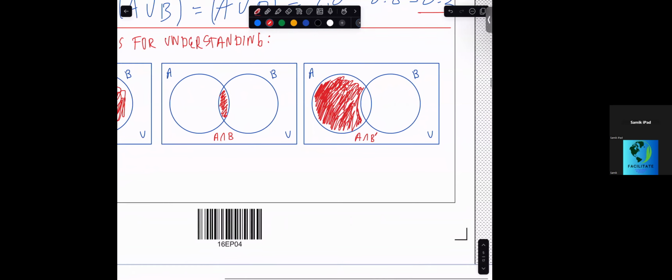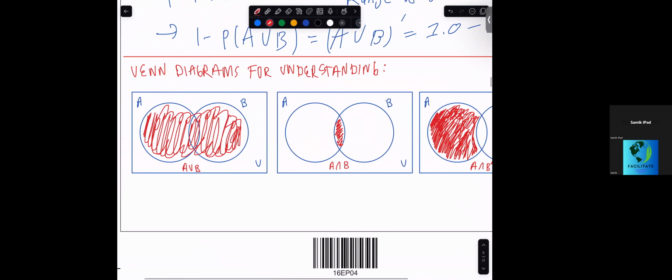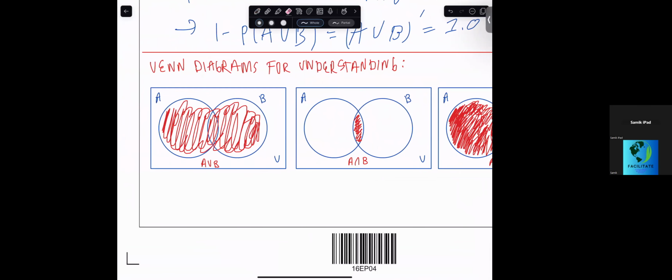Now, okay, let me change these ones now. So then if I say A not intersection B, A not intersection B. All this would be is whatever is not A this time.